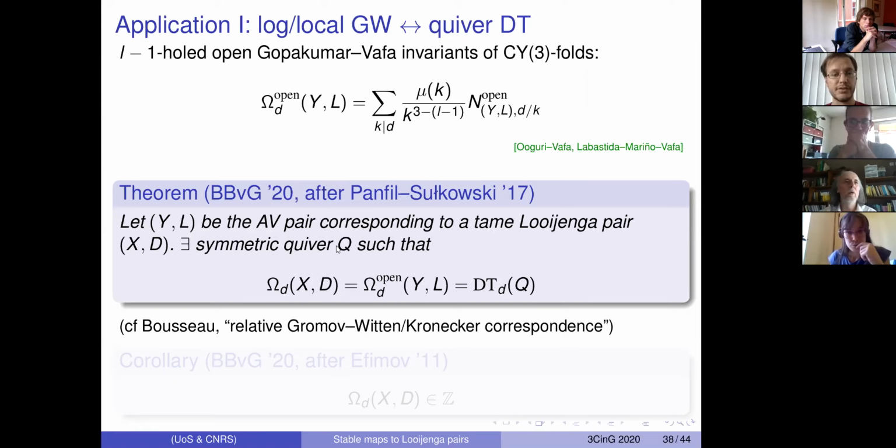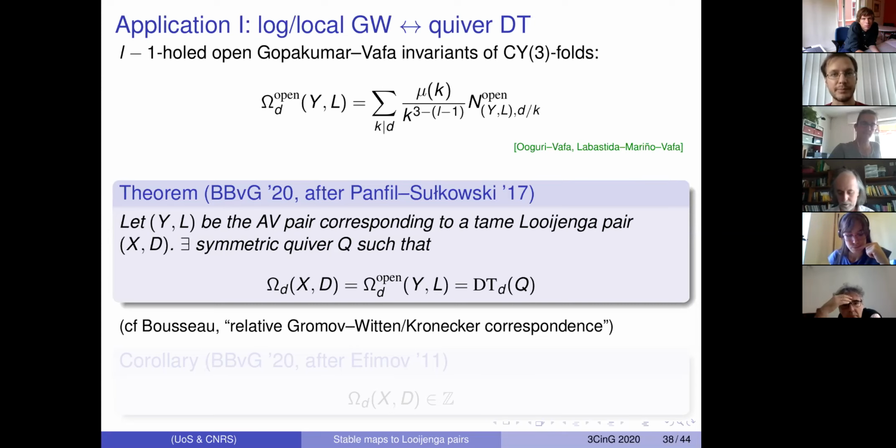So the first corollary of the refined log open correspondence, the higher genus log open correspondence, is that these BPS invariants of Klemm-Pandharipande are, up to a sign that I'm going to be a little vague about, the Donaldson-Thomas invariants of some symmetric quiver that can be read off, whose adjacency matrix can be read off from the fan of X and D in a completely mechanical way.